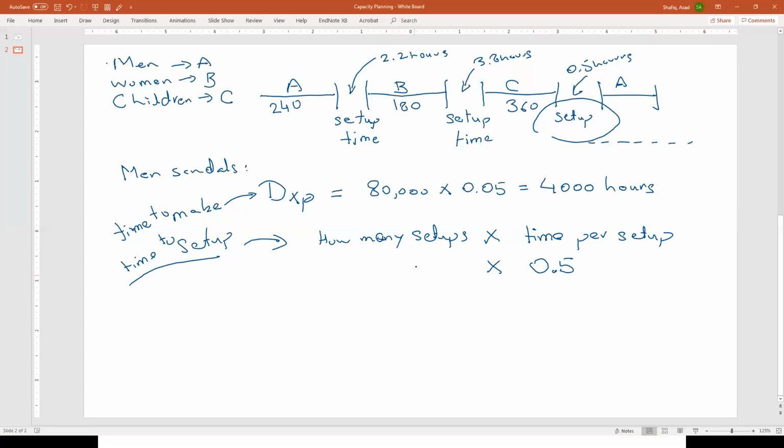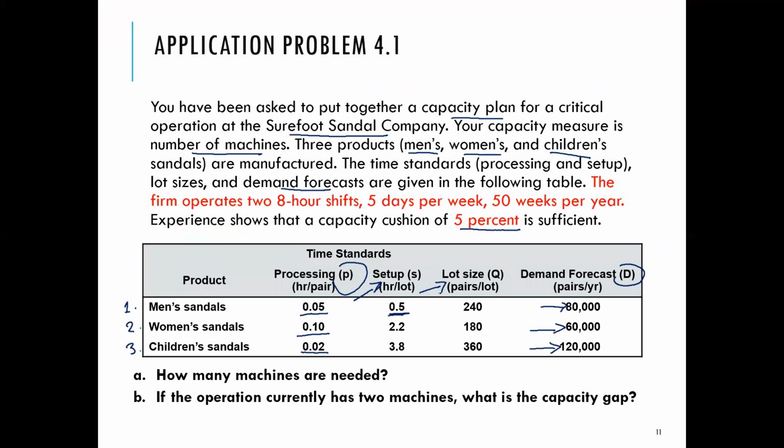Now, what we don't know is how many setups do we really need. This number is given to us by this equation, which is D over Q, which in this scenario, the demand for our product is 80,000, and Q, which is the lot size, is 240.